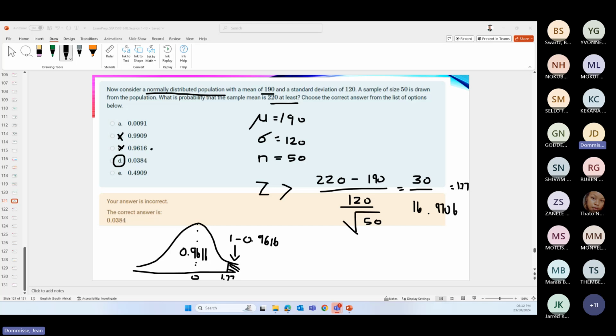Then if your standard deviation is known, also use the Z. Standard deviation unknown is when you use your t-table, and your chi-square is when you actually work with two variables. So that is when the chi-square comes into place.